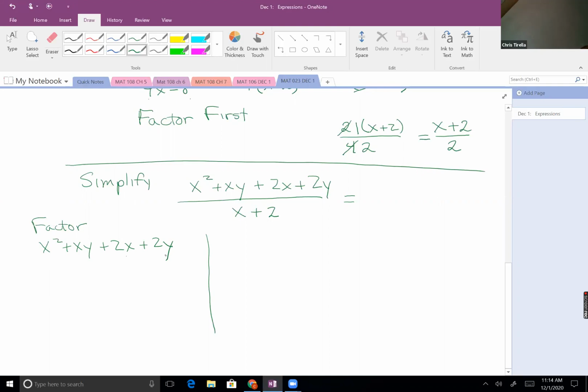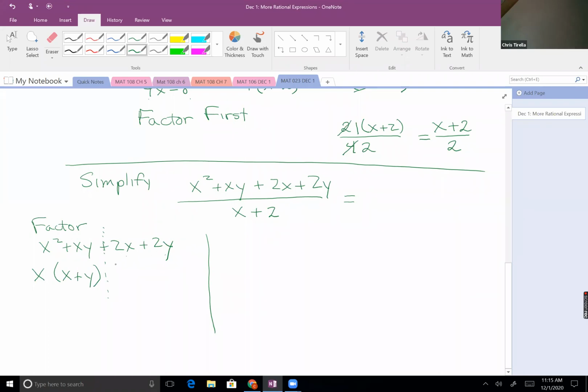Can anybody remind me how to factor when there are 4 terms? Split it down the middle. Beautiful. And so now when I split it down the middle, what do the first 2 have in common? X. And when we take that out, we're left with x plus y.